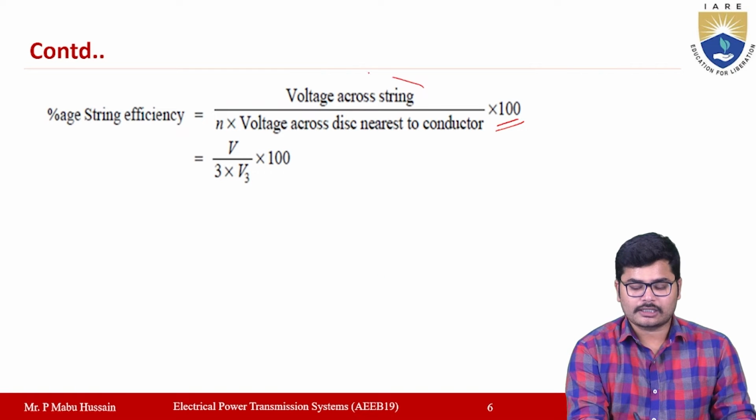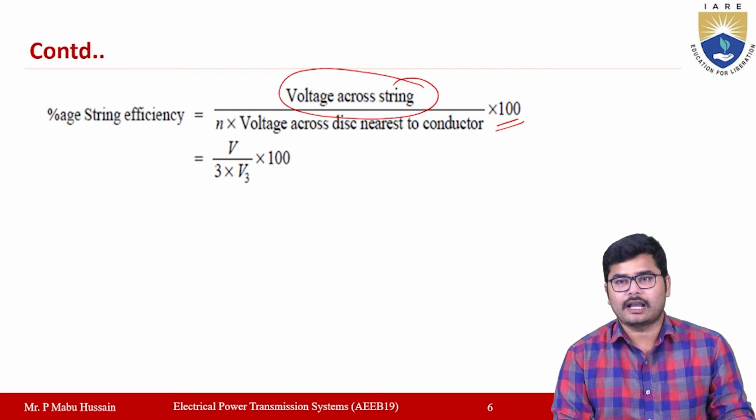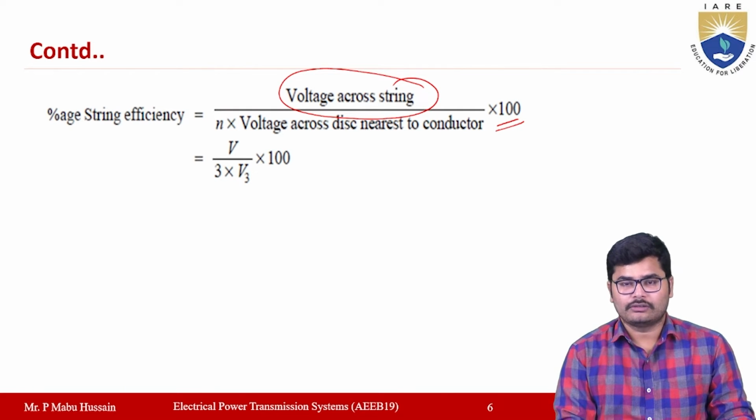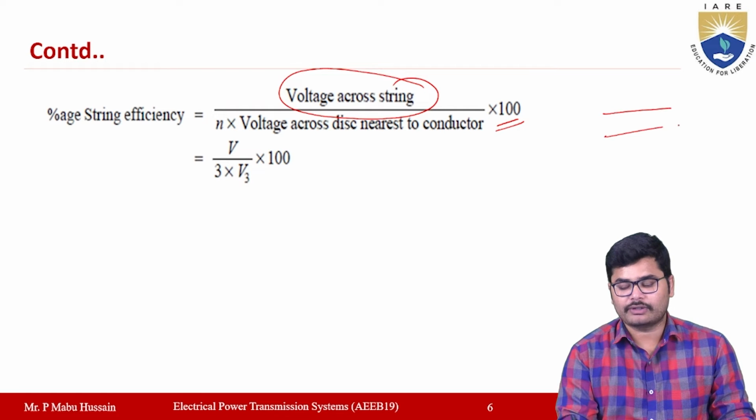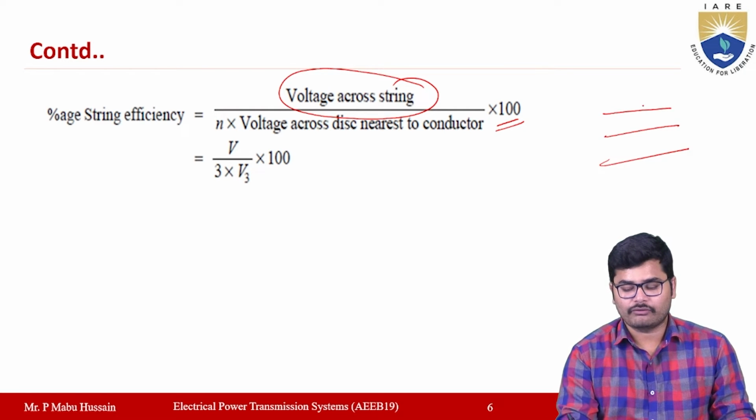Voltage across the string is always a per phase voltage. Remember that in a 3-phase transmission line system, the voltage across the string is a phase voltage. In a 3-phase transmission line you have 3 phases, but the insulator is connected between one phase and the tower structure.